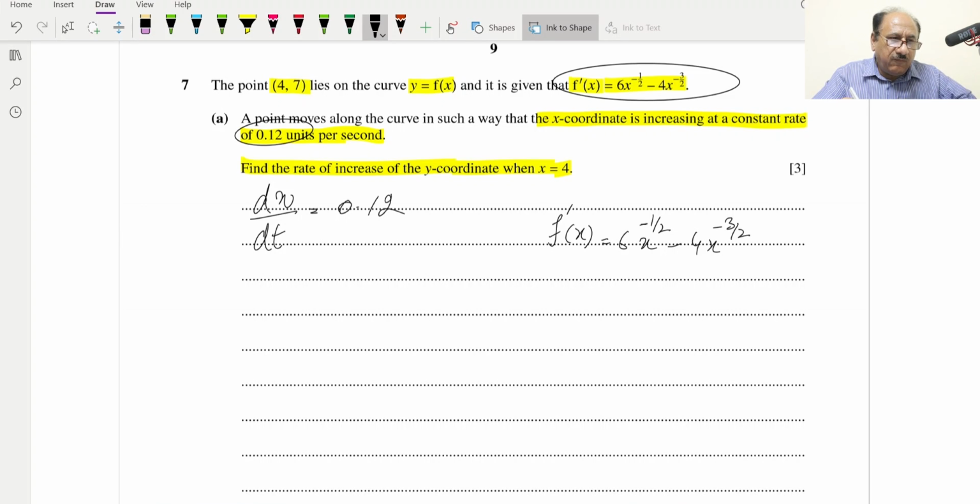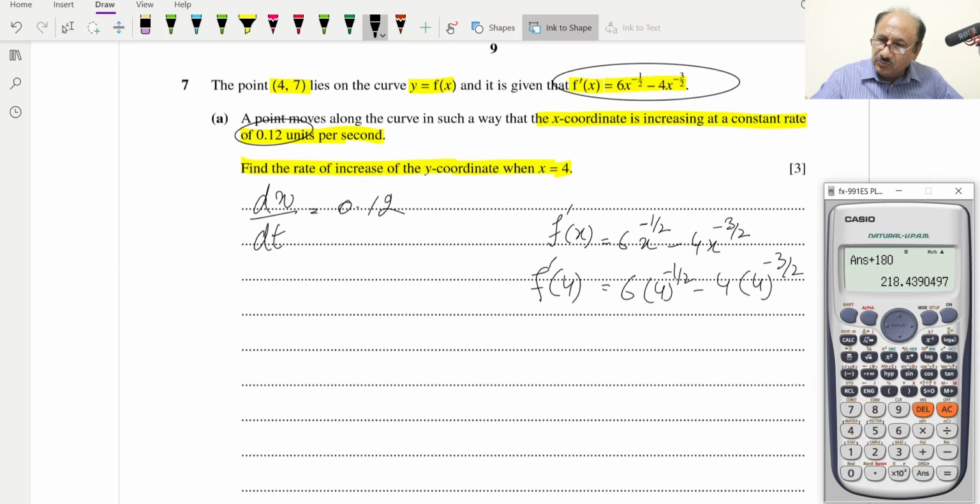First we will find f dash of 4. Replacing x by 4, it is 6 into 4 raised to minus 1 by 2 minus 4 into 4 raised to minus 3 by 2, and we can calculate this value.